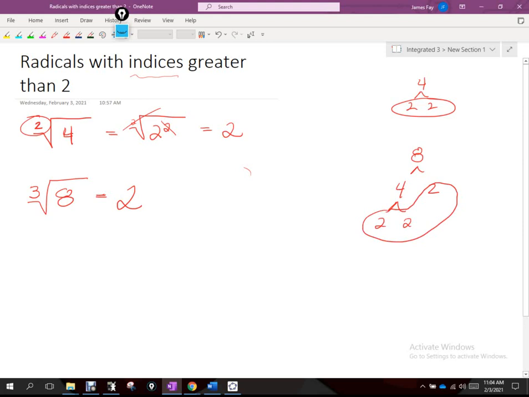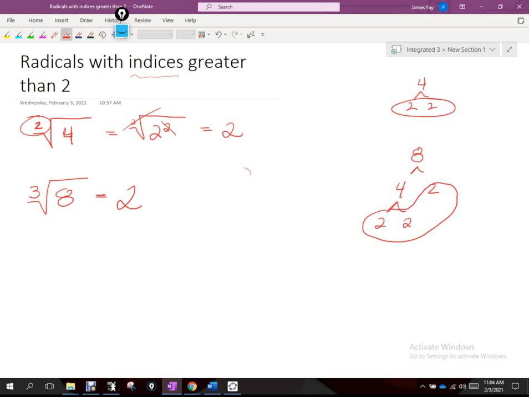Is that a group of 3 objects? I now have three 2s, so now my circles, or I don't call them pairings, I'll call them groupings here. My groupings in the prime factorization are looking for groups of 3 before they can come out of the radical. So take 2 times 2 times 2, what's that give you? Gives you 8.